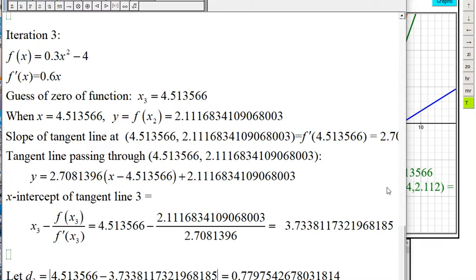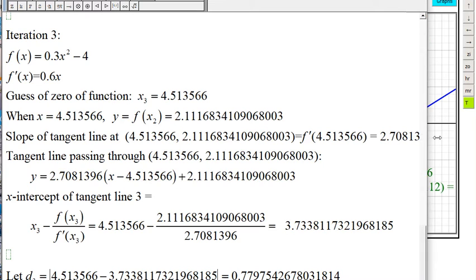The third tangent line passes through the point where x is 4.51 and y is 2.11. So the slope of the third tangent line would be the derivative evaluated at 4.51, and that comes out to be about 2.708.